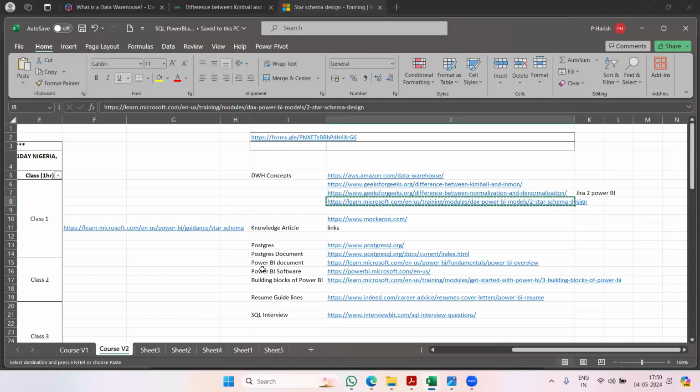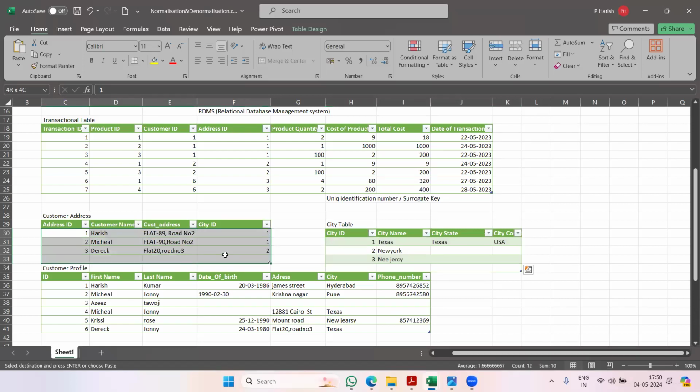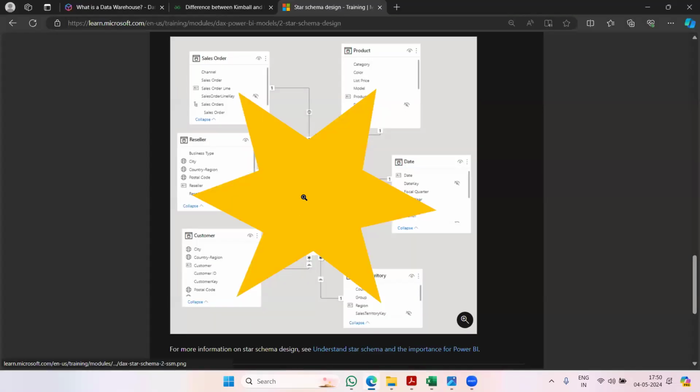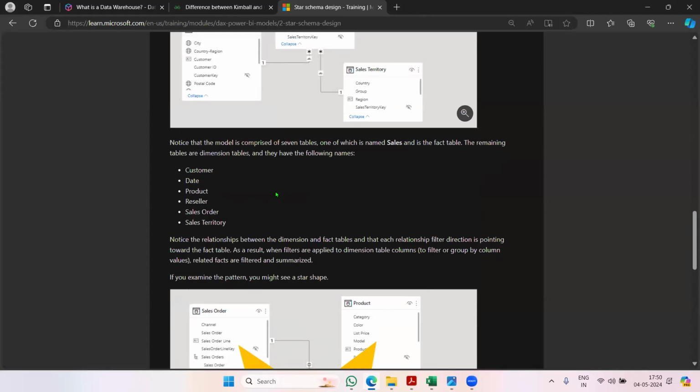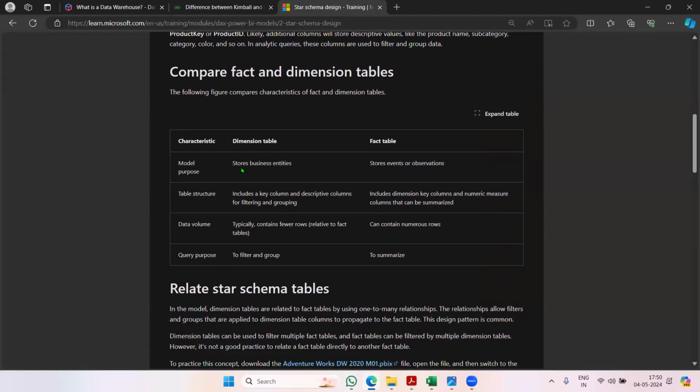Similarly, just in case a dimension table further has a relationship with another dimension table, that means one level down, like parent, child, and grandchild, then we term it a snowflake schema, right? So if you see, a detailed, nice explanation is also there. A dimension table stores business entities; a fact table stores events or observations.